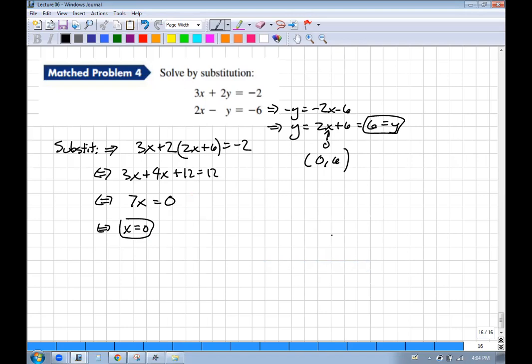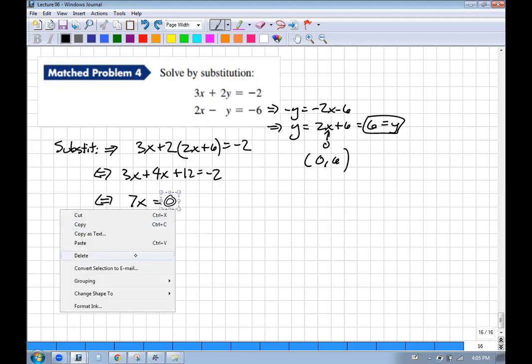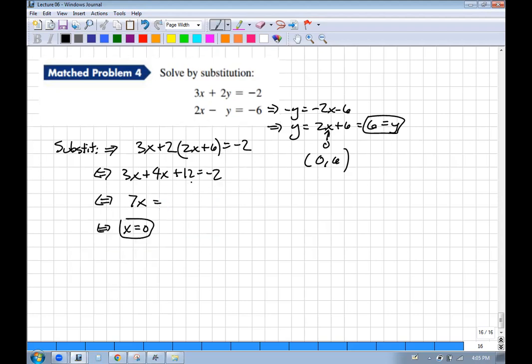Let's check our work. All right, if I move the 2x over, I get this, multiply everything by a minus. That looks good. So now I'm using this guy, 3x plus 2, replacing y with a 2x plus 6. So I have a 3x, a 4x, 2 times 6 is 12. It's supposed to be a minus 2 here. I copied that down wrong. So combining 3 and 4 makes 7.